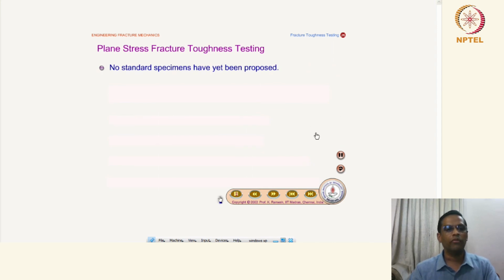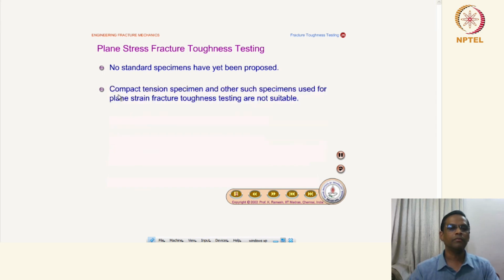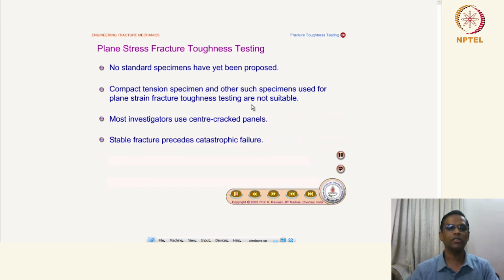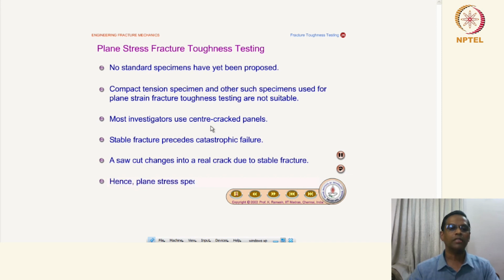And what about plane stress fracture toughness testing? No standard specimens have yet been proposed, and compact tension specimens and other such specimens used for plane strain fracture toughness testing are not suitable. Most investigators use center crack panels, where stable fracture precedes catastrophic failure.